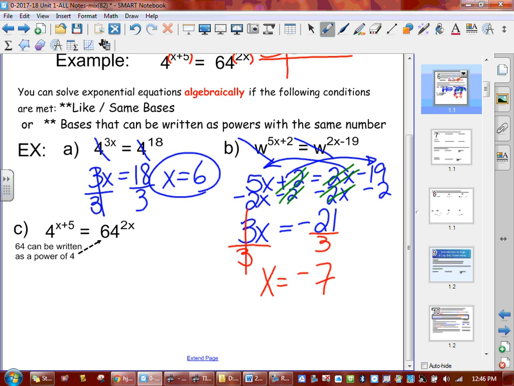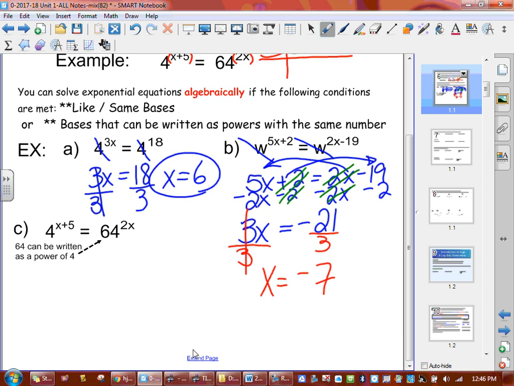Okay? Now we're going to take a look at what if the bases are powers of each other, but they're not identical yet. Well, that's when we change our bases to the same number. So 64 will go to a base 4. So whatever the lower number is, that's the base you want to go to. So 64 is a base 4. 4 cubed is 64.